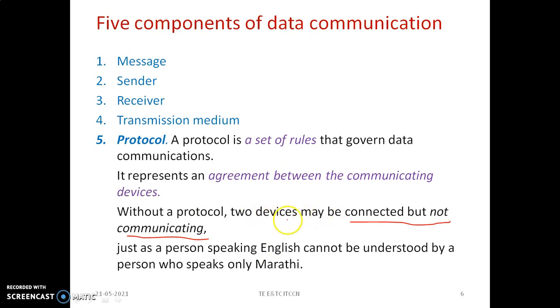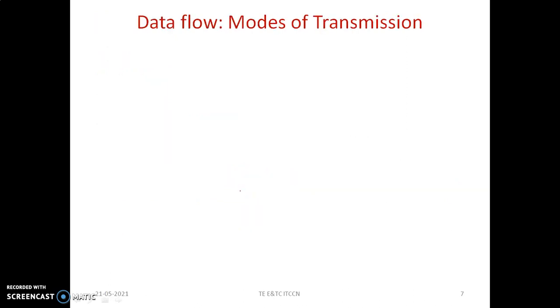So it's of no use, and that's why some conversion by a converter is necessary so as to convey the information. My information should be conveyed in a language which is understood by both the persons. So without a protocol, both of them would be connected but not communicating. That is the significance of protocols.